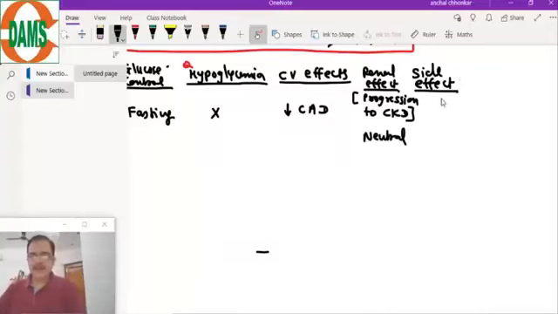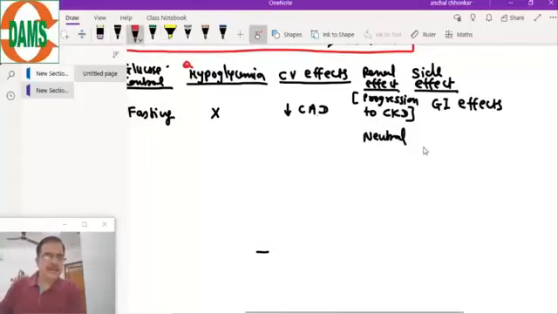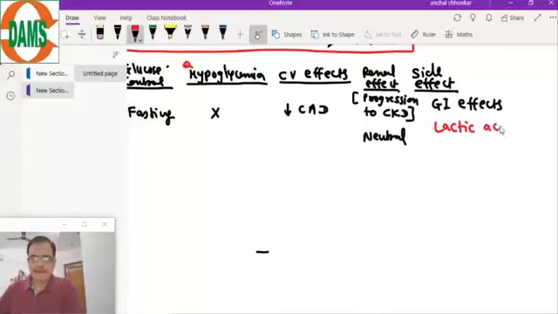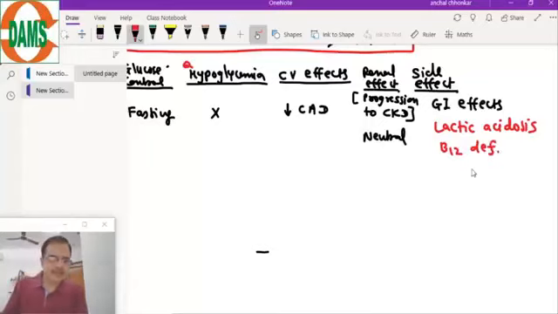Now, side effects. The most common side effects are GI side effects. Another important classical effect of metformin is that it can cause lactic acidosis. It will also lead to B12 deficiency.